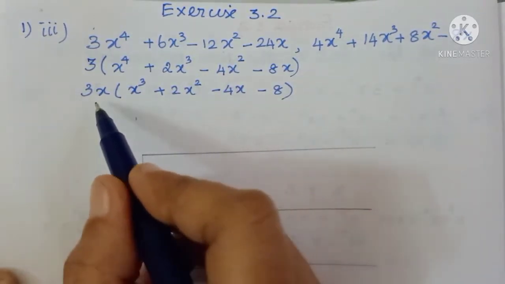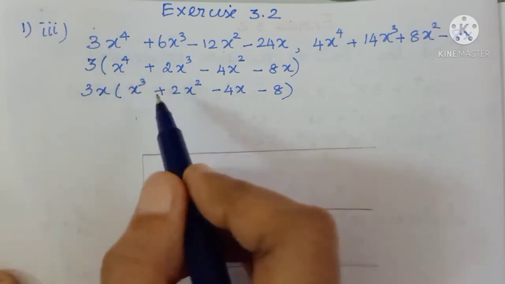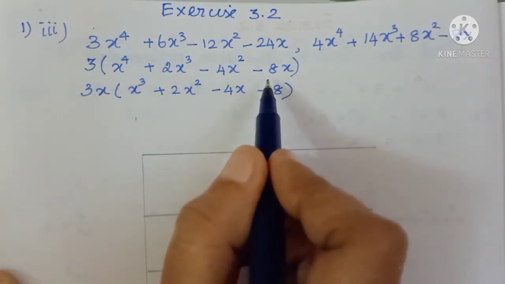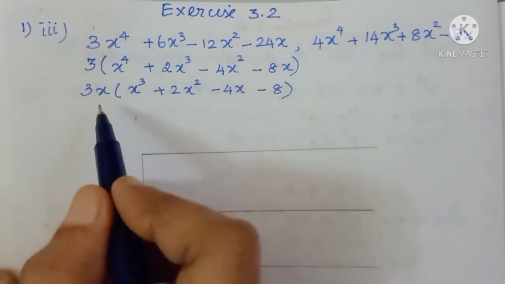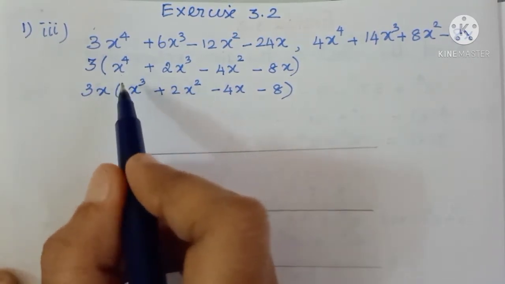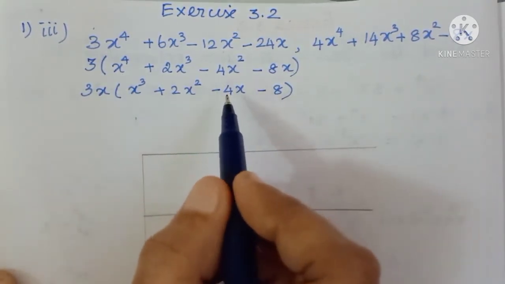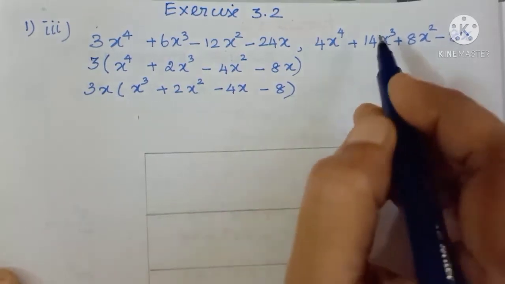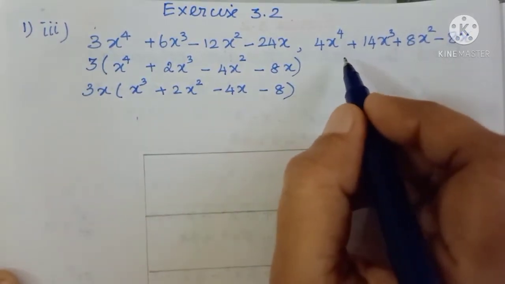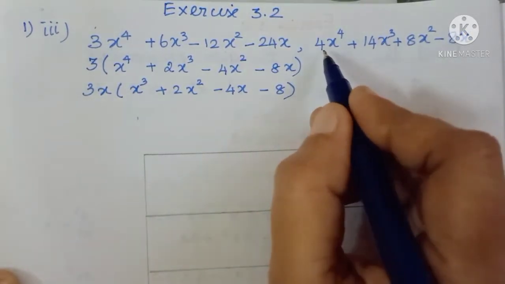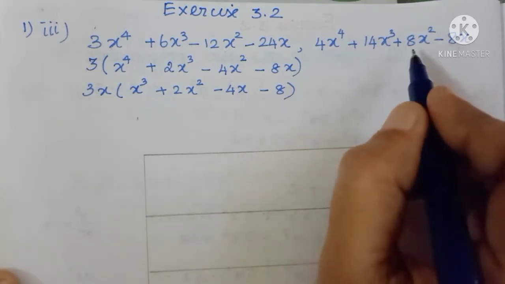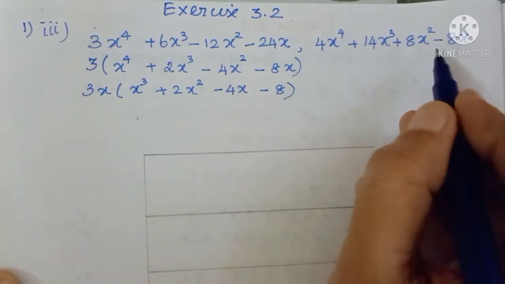So for your understanding, first I wrote the common number, then I checked whether any variable is common that we can take out. So 3x into x cube plus 2x squared minus 4x minus 8. Okay, same like the second polynomial, directly I will take the variable with the number. So here 4, 12, 14, 8 and 8. The common factor in all of these is 2.